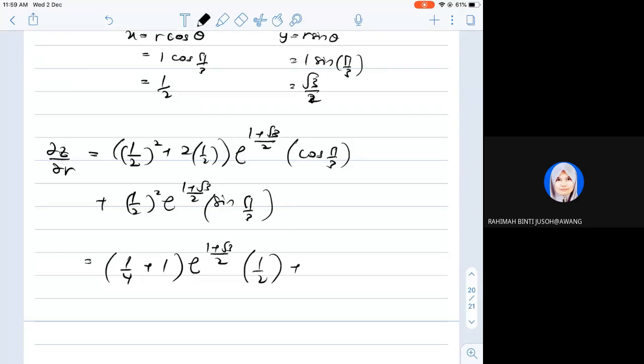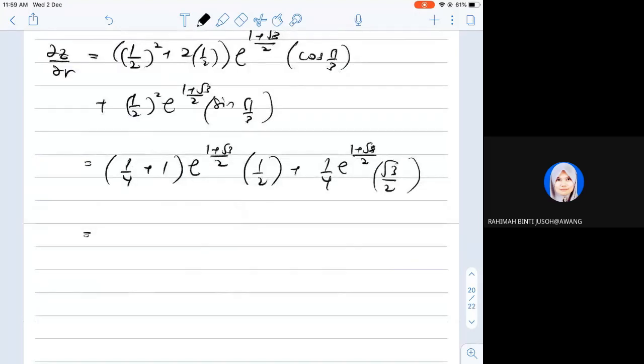Plus 1 over 4, right? 1 over 2 squared becomes exponent 1 plus square root 3 over 2, sine pi over 3 is square root 3 over 2 like this. So guys, this one will become 1 over 4 plus 1 is 5 over 4, isn't it? So 5 over 4 times 1 over 2, you will get 5 over 8.